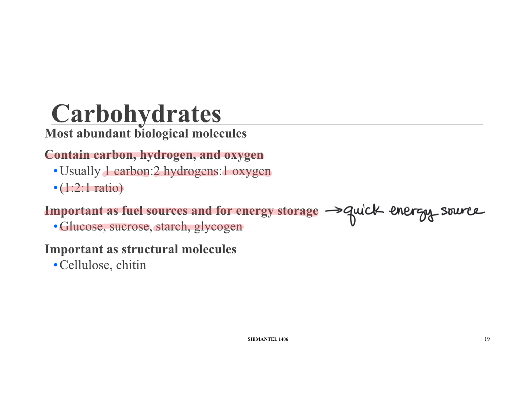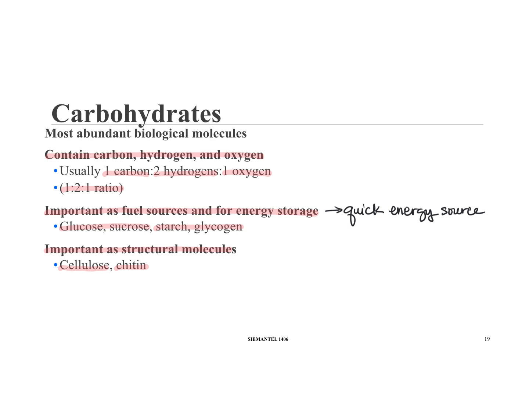So that's function number one. Function number two is to act as a structural molecule, to give support and structure to certain kinds of living things. And you see this a lot in plants, and you see this a lot in insects. So our examples here are cellulose and chitin.